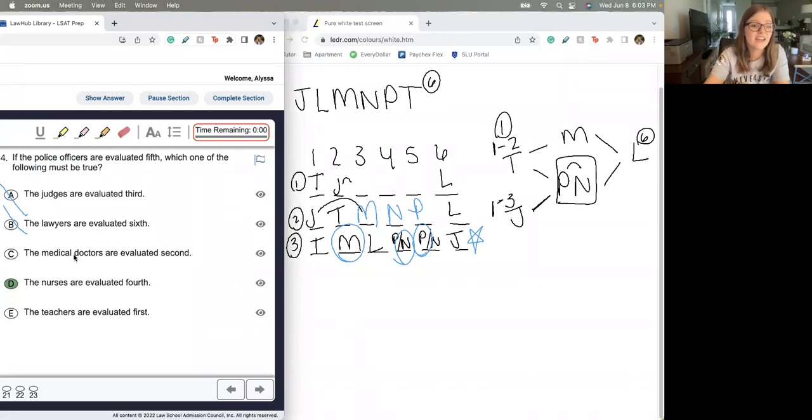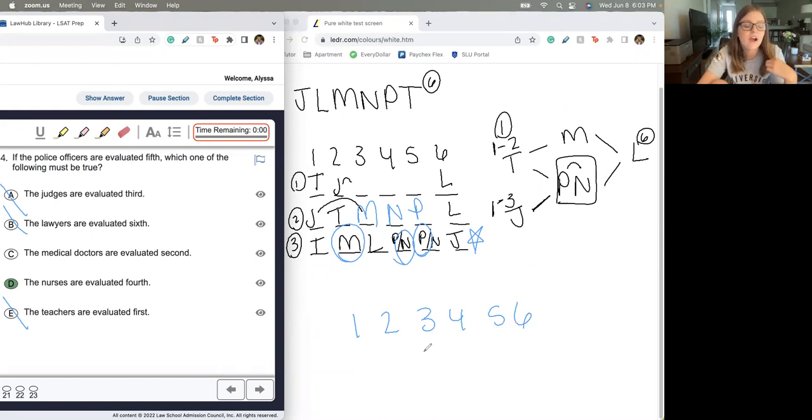And then let's say I eliminated E, but I'm still stuck between C and D. Well, I'm going to pick on one of them, let's say my medical doctors as second. I might have missed something in my rules, or I've misdiagrammed something. So what I'm going to do is create a new diagram and test them out.